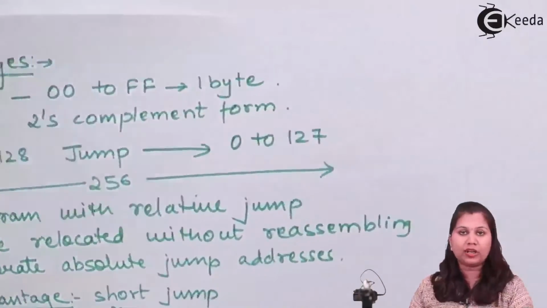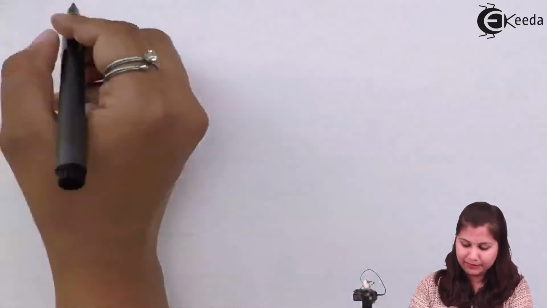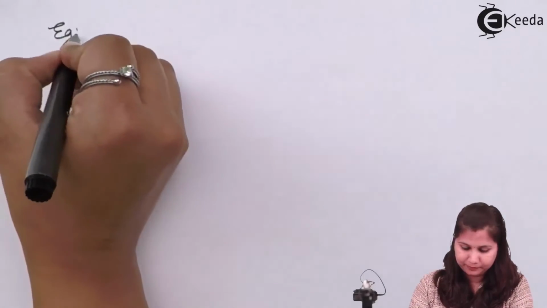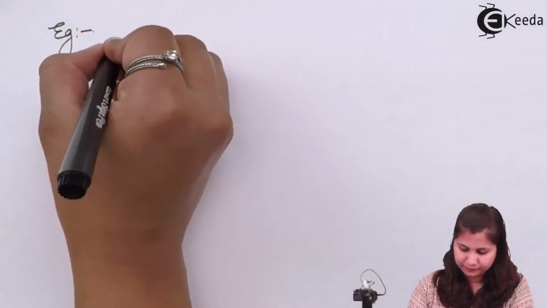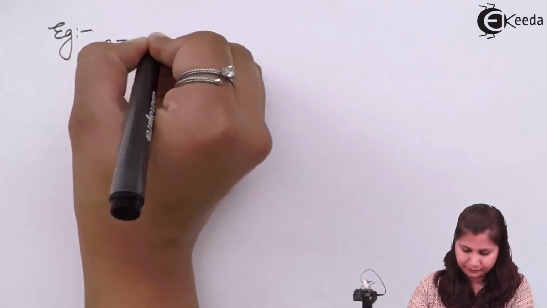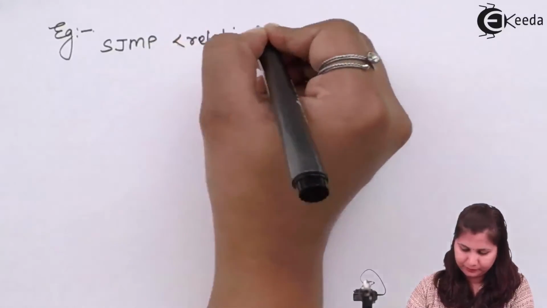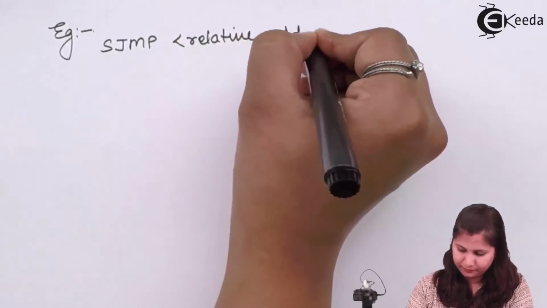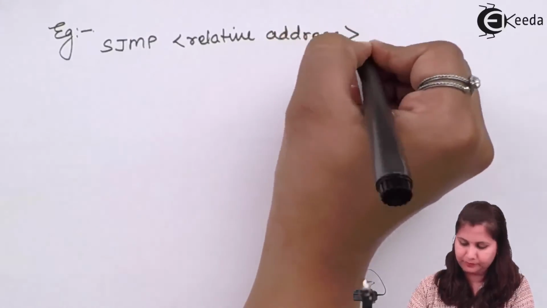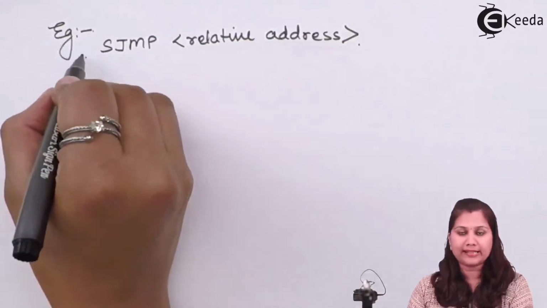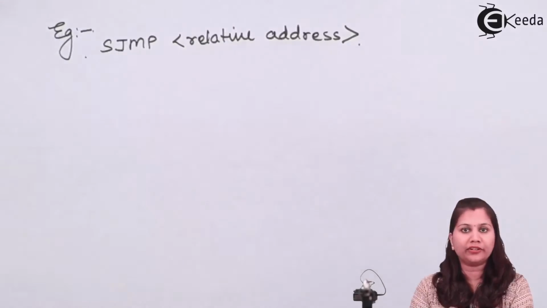Now, what are the instructions which use this relative jump? Let's see some examples here. This instruction SJMP is using the relative jump.